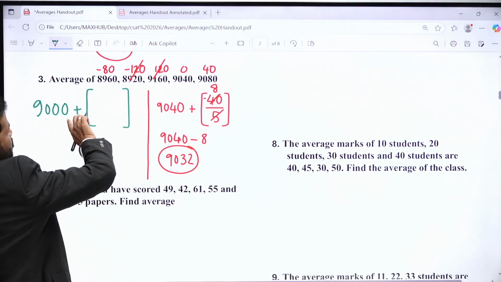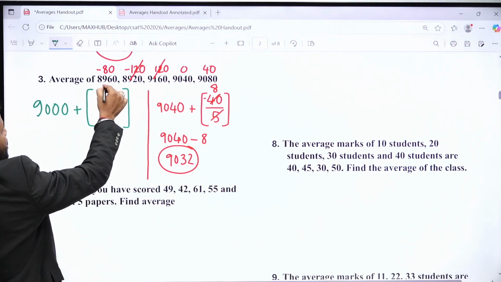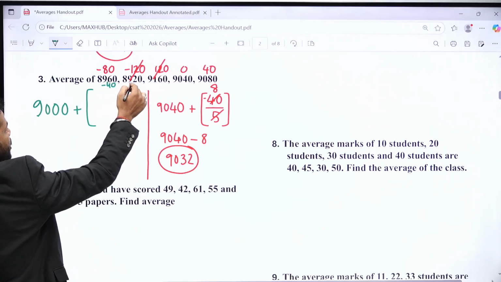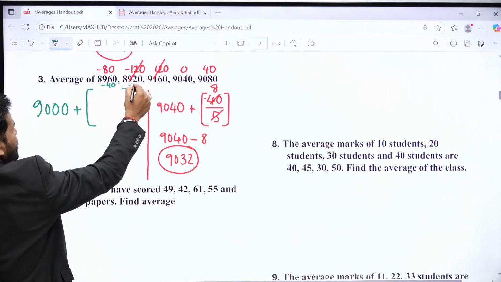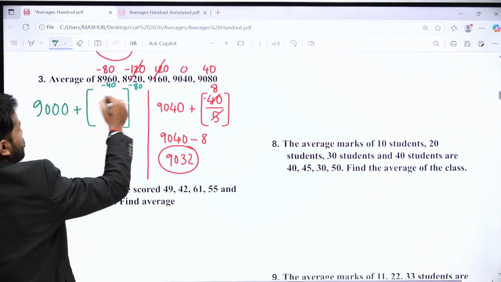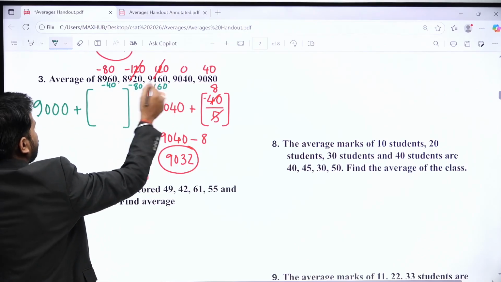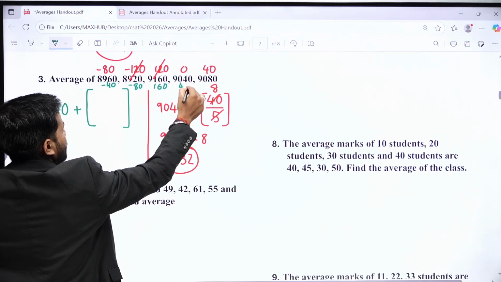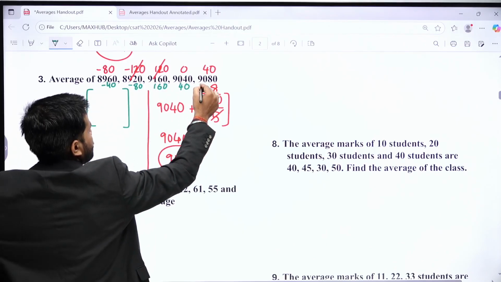देखो अगर मैं 9000 use करूंगा तो 8960 minus 9000 will be -40, 8920 minus 80, 9160 160, 9040 minus 9000 40, 9080 minus 9000 80.